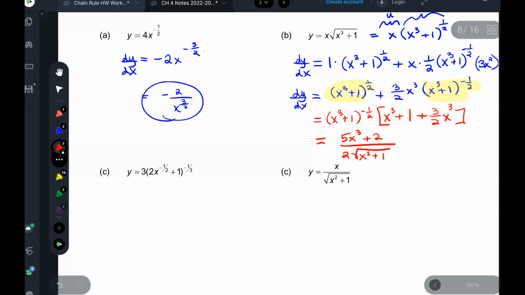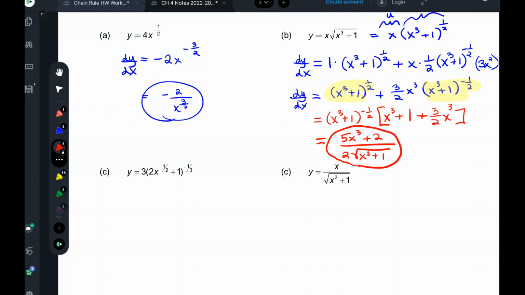Is it fine if we leave it as just the negative 1/2 power instead of making it a fraction? It's okay. This is the best form, because you don't want to have a complex fraction, a fraction within a fraction. Wait, isn't it plus 1, not plus 2? Yes, it's 5/2 x cubed plus 1.